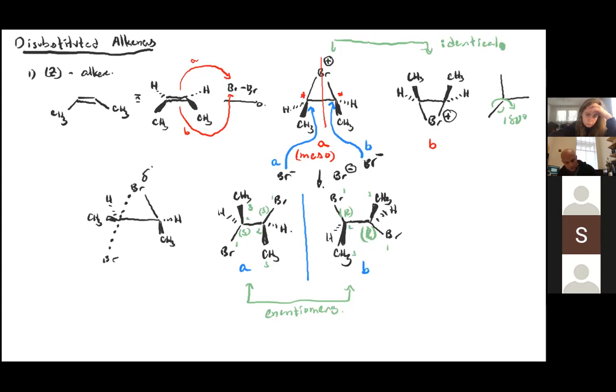And so this is delta plus, this is delta minus. And so that goes to A, and then the transition state that leads to B is over here.